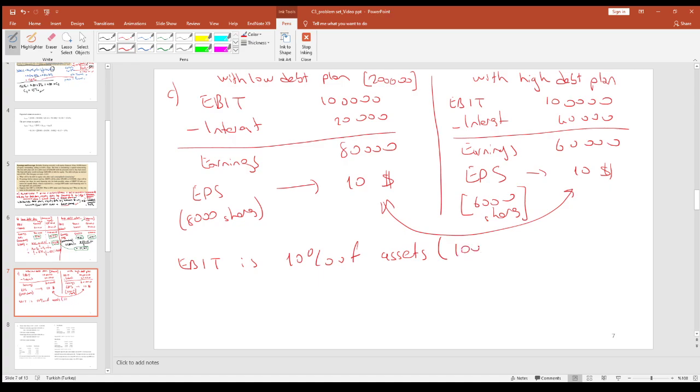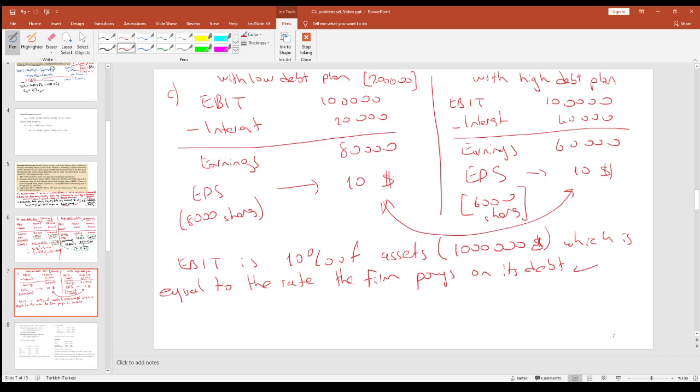Remember what the assets value was, which is $1 million, which is equal to the rate the firm pays on its debt.